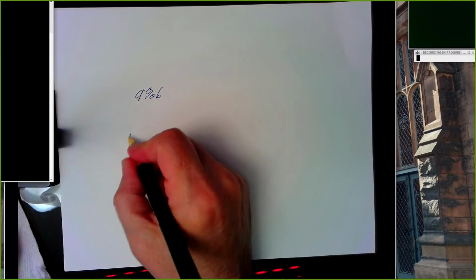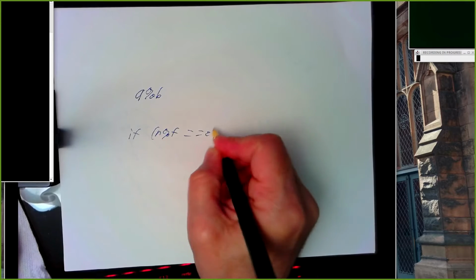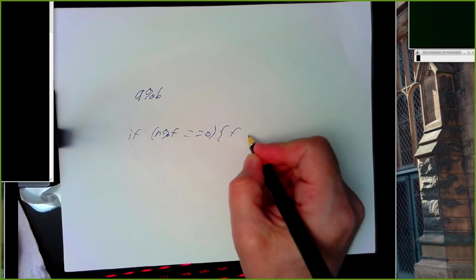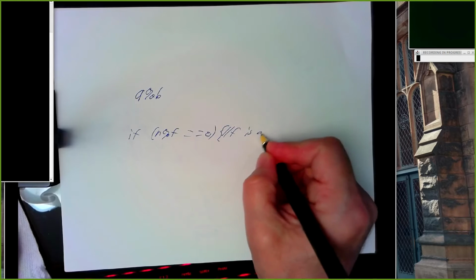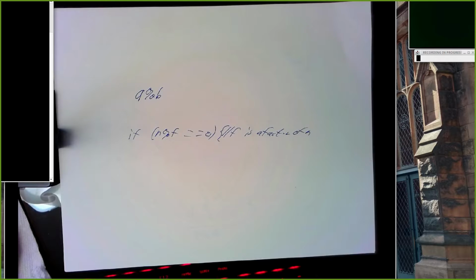And so if n%f is equal to 0, then f is a factor of n. So make a loop from 1 to n minus 1 and loop over f, for example, and for each f, see if n%f is equal to 0. If it is, it's a factor, which means you can do the following. You can print it out since you're printing a list first, and you can add it to a running sum.